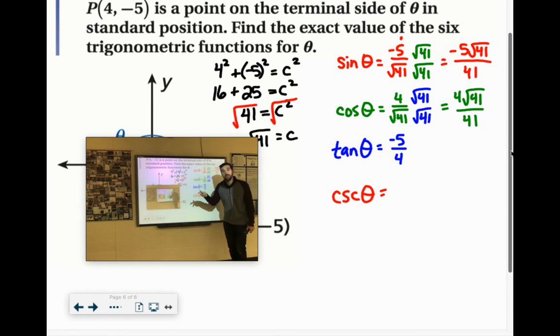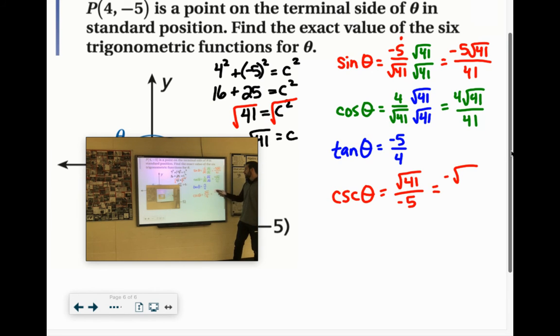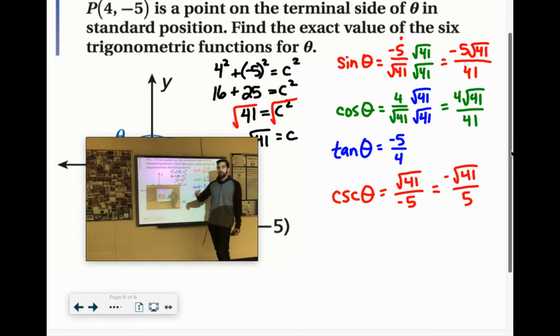If we just flip that part of it over, it would be root 41 over -5, which, remember, you just write the negative in the numerator. So negative root 41 over 5. So take it back to the step before you rationalized the denominator and flip it.